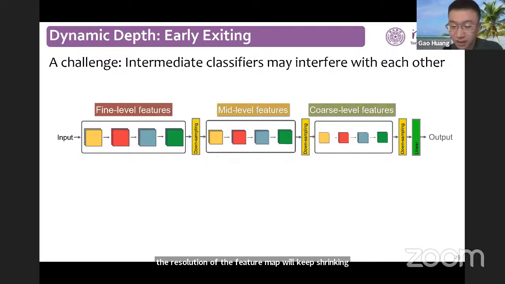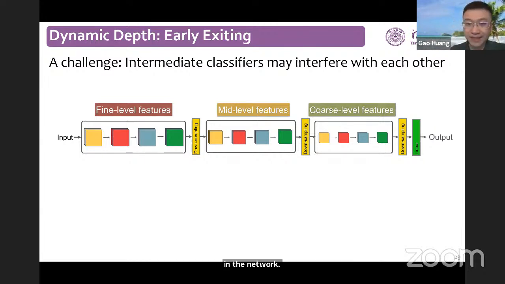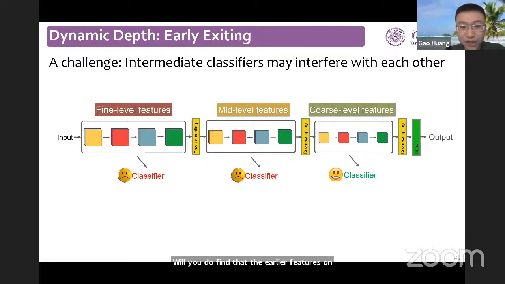In such an architecture, we usually find that the earlier features are not ready for classification, and only those coarse level features at the end of the network have decent classification accuracy.